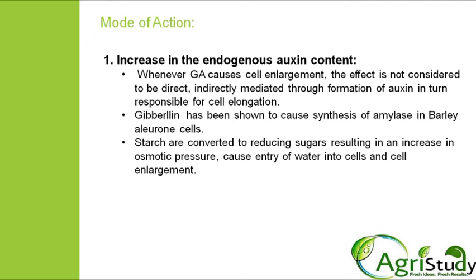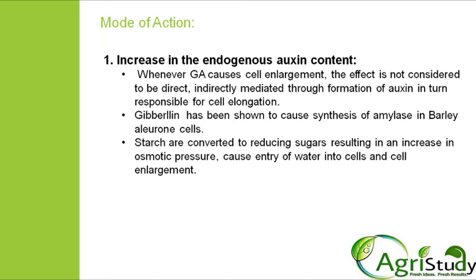That is, auxin is directly performing, while gibberellic acid acts indirectly, mediating through the auxins. And gibberellins have been shown to cause synthesis of amylase in barley aleurone cells. In the barley aleurone cells, that is in the seeds of the barley, it has been shown to cause the synthesis of amylase in those aleurone layers.